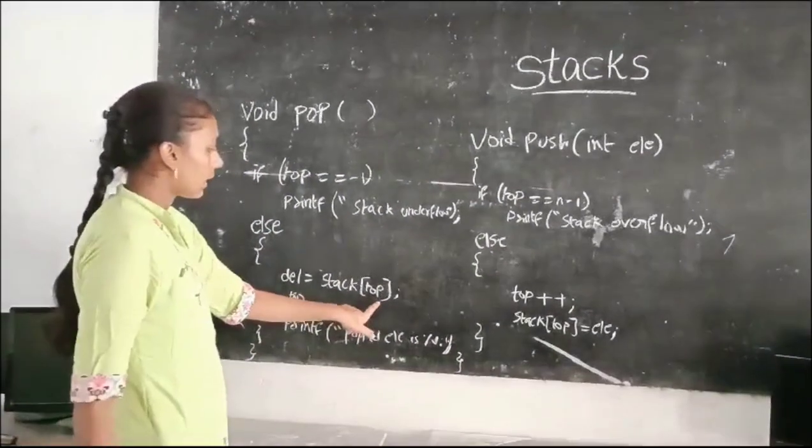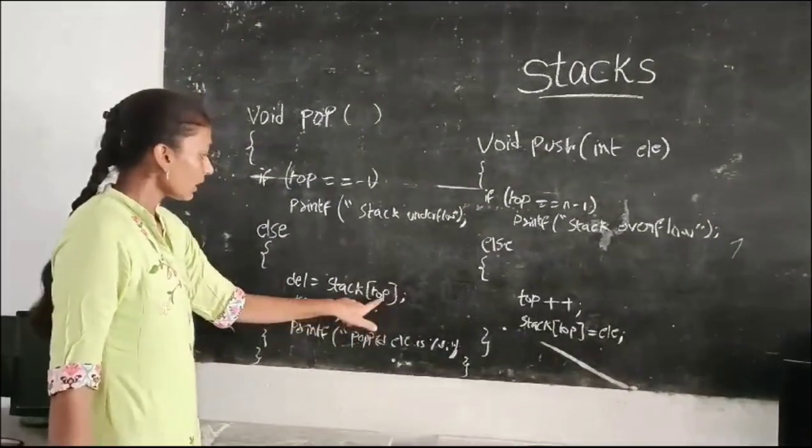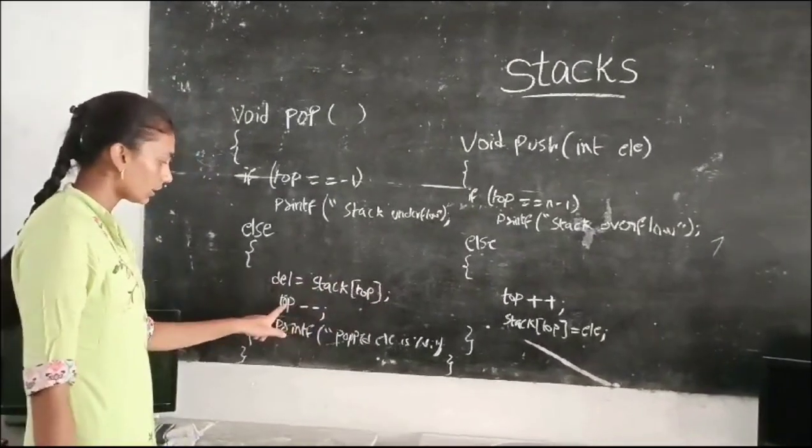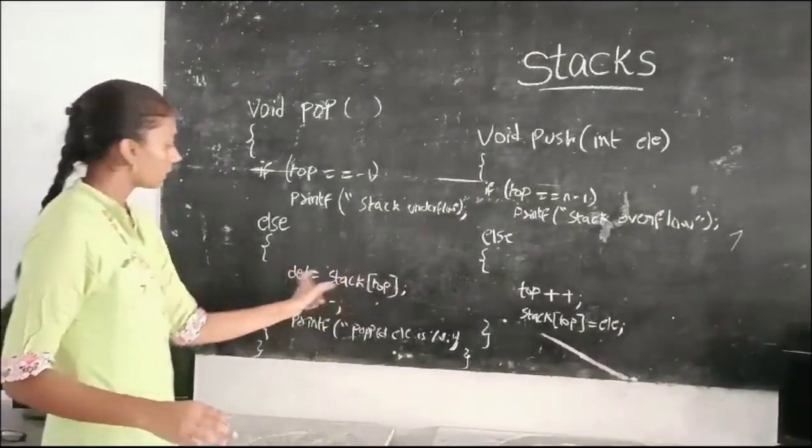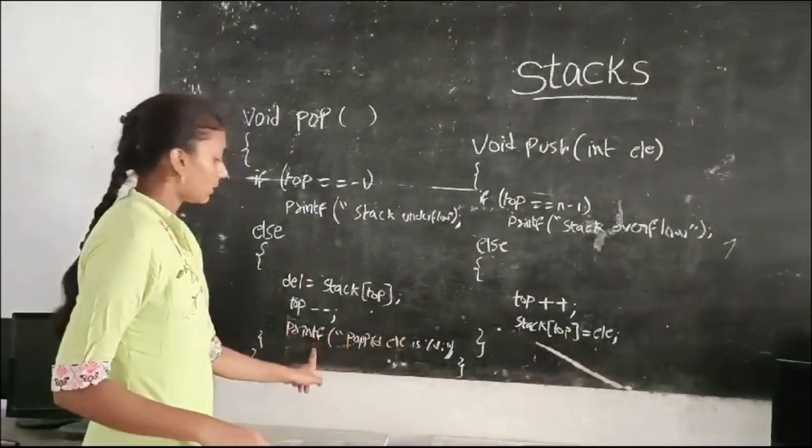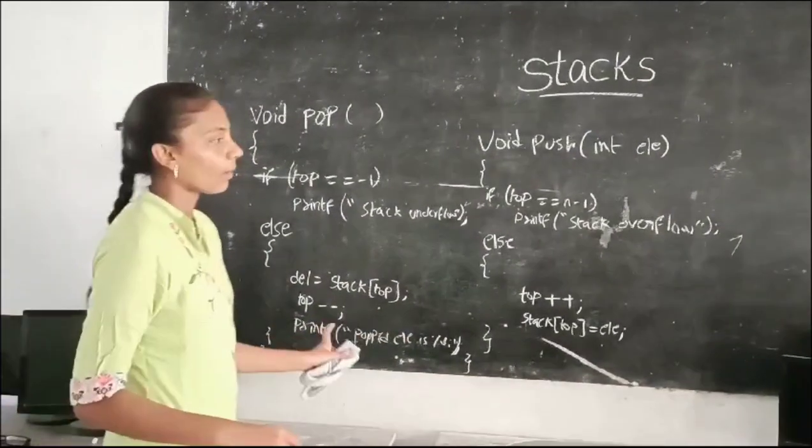In the stack, the element at the top position is deleted, and then we need to decrement the top value, and the deleted element is printed. This is the push and pop operation.